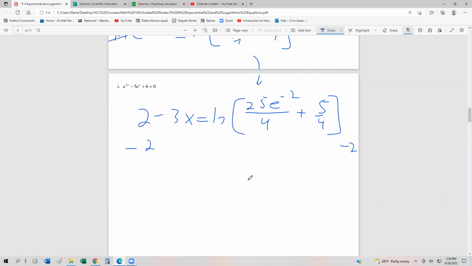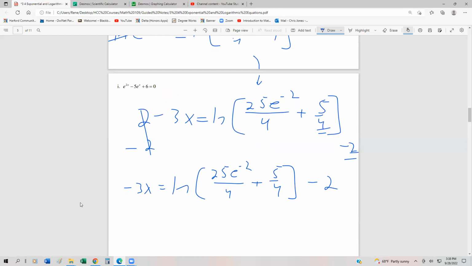Now notice that the 2 is outside of a natural log, so I can't combine this 5/4 and this 2. So I get negative 3x equals ln of this 25 e to the minus 2 over 4 plus 5/4 minus 2. And then finally, I'm going to divide everything by negative 3.